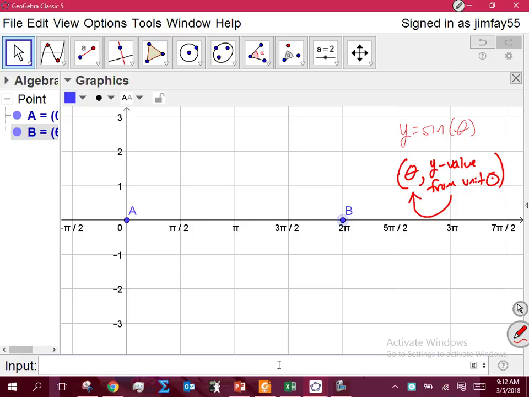Now halfway in between those 2 points should be pi, right? Well, pi on the unit circle has a y value of 0. So I plot that point. I always plot the first one at (0, 0), go out to 2π, plot that one on the x-axis, and then halfway in between for the sine function, you get another one on the x-axis. So it develops those 3 x-intercepts for you.